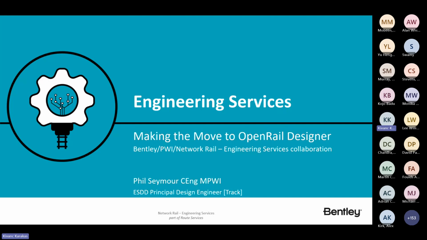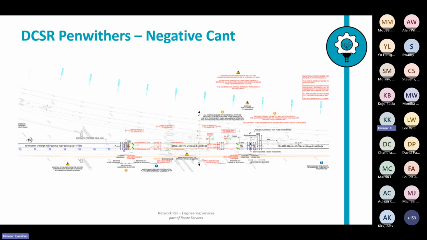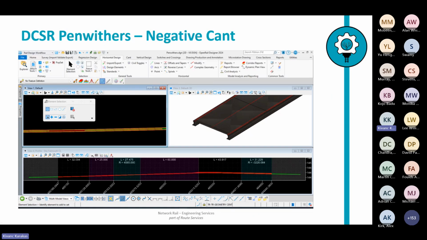But I just wanted to show you some of the things that he showed, such as in his projects, how it is easier to do negative Cant using these new Cant properties. It is quite accurate. I will not go into details. He explained all of these in much more detail.